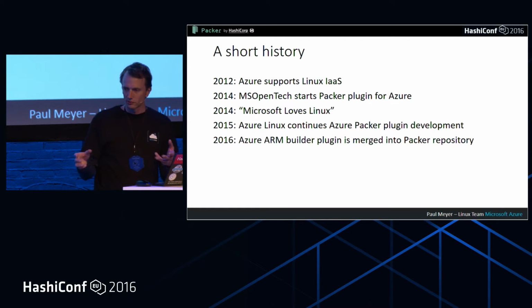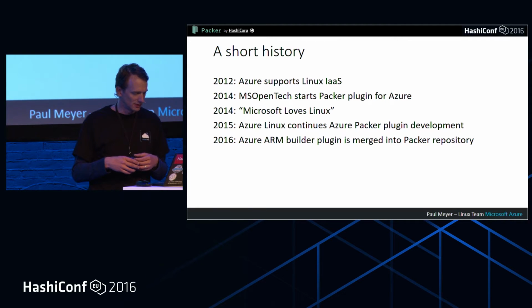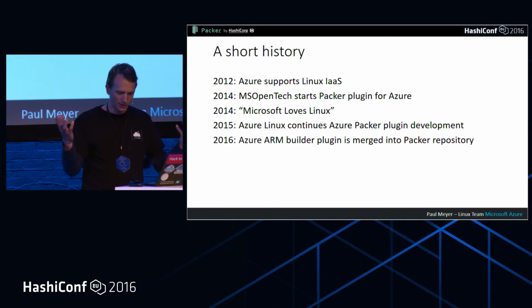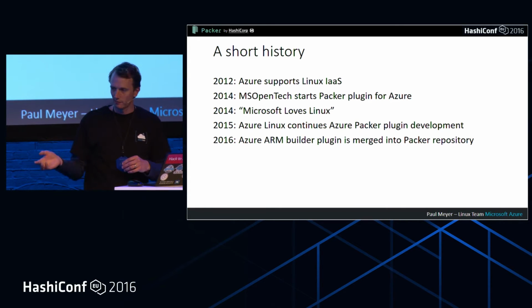And with that, we also created a new Packer plugin for this API set, because it felt kind of weird to have two API sets in one, so we made a new one. And we contributed that back to HashiCorp in the official Packer repository. So now you get it out of the box instead of having to download a set of plugins.